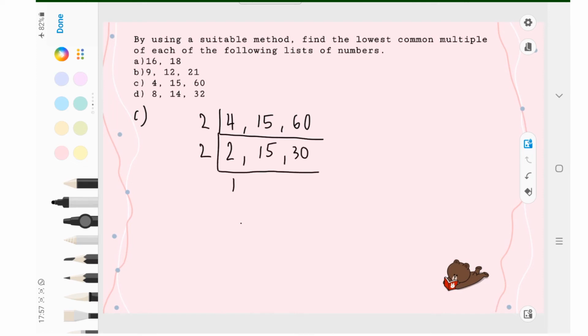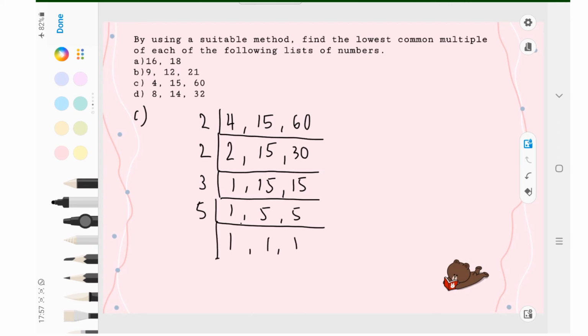Next, 15 divided by 3 equals 5. 5 divided by 5 becomes 1. The LCM for 4, 15, and 60 is 2 times 2 times 3 times 5, which equals 60.